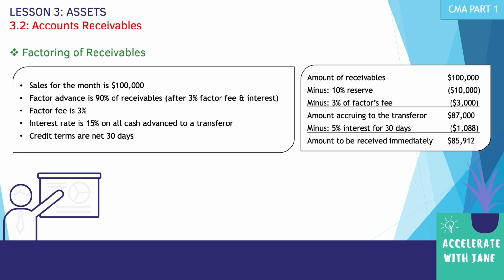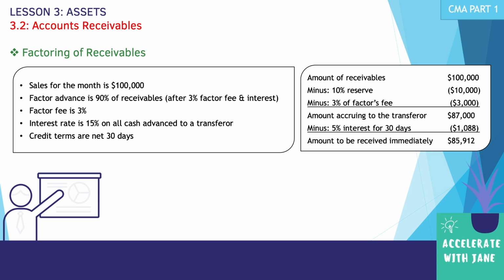So if the problem is silent, we should follow this and base it on the gross amount of receivables. So 100,000 US dollars multiplied by 3%, we get 3,000 US dollars. And then we deduct the factor's fee and the reserve against the gross amount of receivables. We get 87,000 US dollars, which is equal to the amount accruing to the transferor.